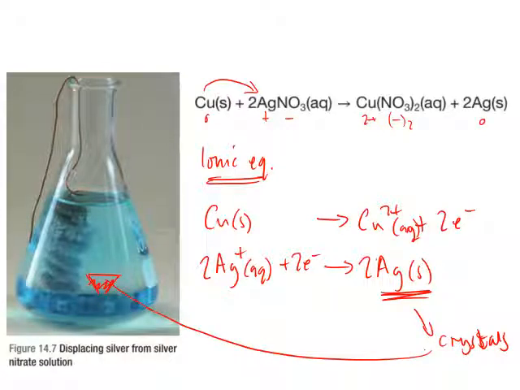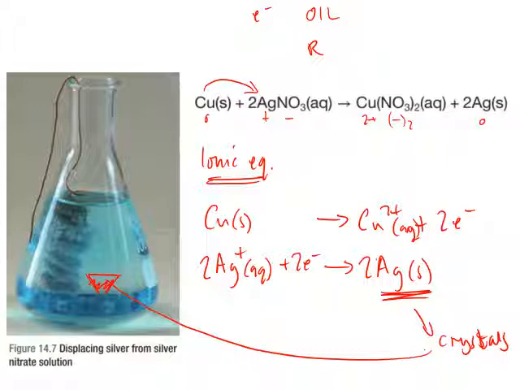There's our silver crystals that's forming on the outside of this beaker here, which look very pretty. So metals also form crystals, regular repeating patterns of atoms. Now, in terms of electrons, we're looking at oxidation and reduction. If we're looking at which one's being oxidized, if we remember OIL RIG, oxidation is loss.